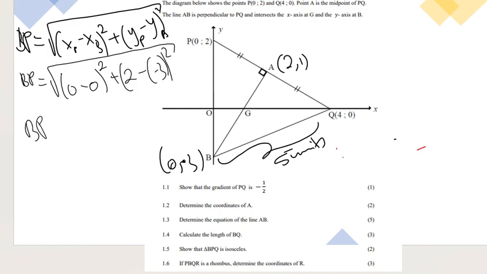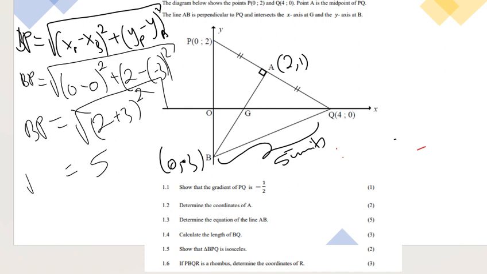So BP is equal to the square root of 0 plus 2 plus 3 squared, since a negative times a negative is a positive. 2 plus 3 is 5, so I have the square root of 5 squared, and the square and the root cancel, so BP equals 5 units. So this side is also 5 units.